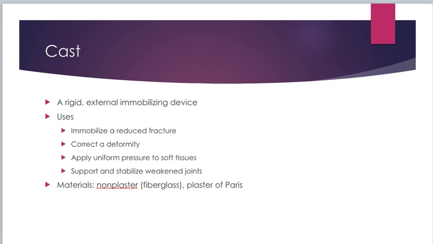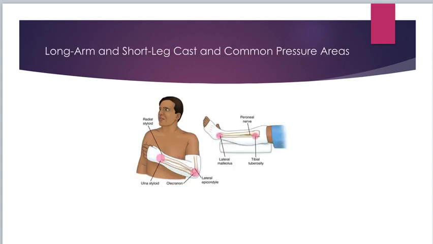You could either have a plaster of Paris or a fiberglass cast. This is just a picture of the two different, like a long arm, short leg casts, and then remembering that there's pressure points inside those casts. So we need to make sure we're doing good neurovascular assessments. Distal. So if it's an arm cast, the fingers.